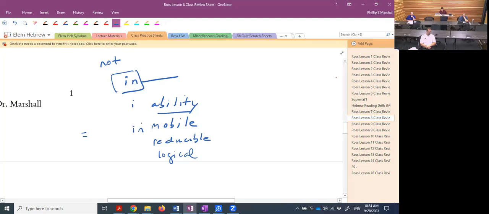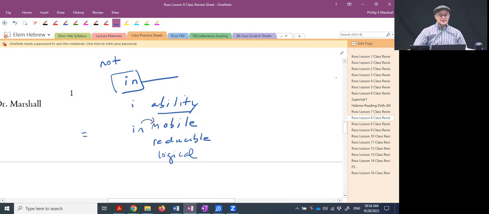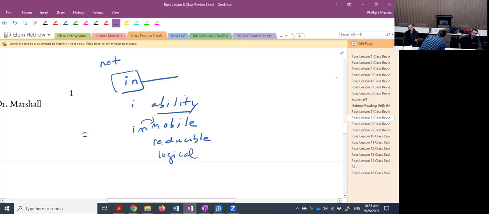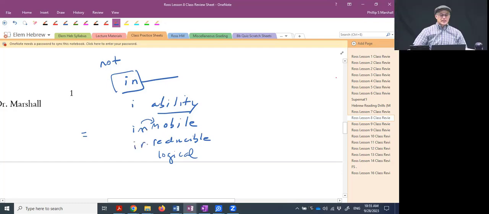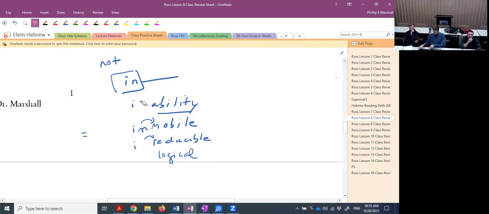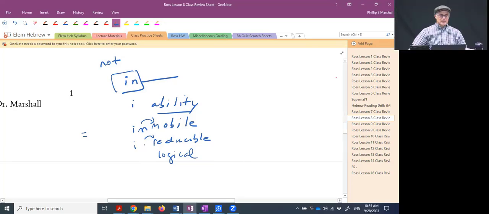No. The N assimilates to the next consonant and becomes a copy of the consonant. So what does the N become in immobile? M. Immobile. When we say that something is not reducible, do we say inreducible? No. The N assimilates to the next consonant R, and what does the N become? R. It becomes an R, and we get irreducible, right?